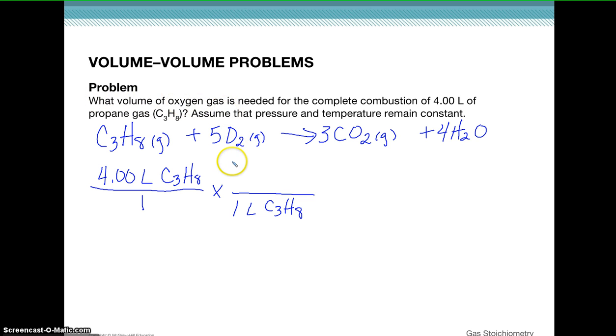The volume of oxygen. Okay, so it will react with 5 liters of O2. So our ratio now is a volume ratio, not just a mole ratio. So what that means is we would need 20.0 liters of oxygen gas for the complete combustion of 4 liters of propane.